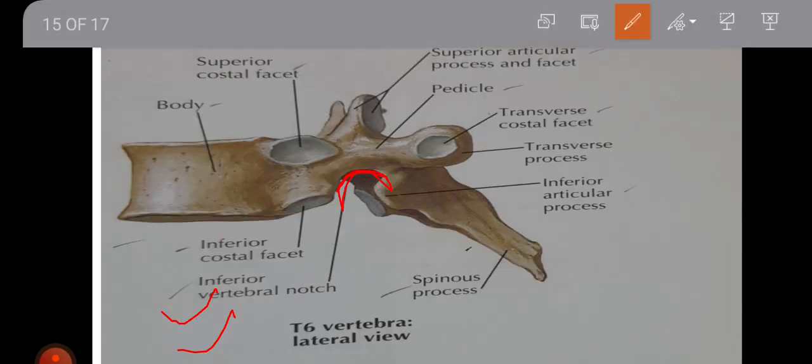Look, this is posterior. If you compare the depth of superior vertebral notch and inferior vertebral notch, the inferior vertebral notch is deeper compared to the superior vertebral notch.